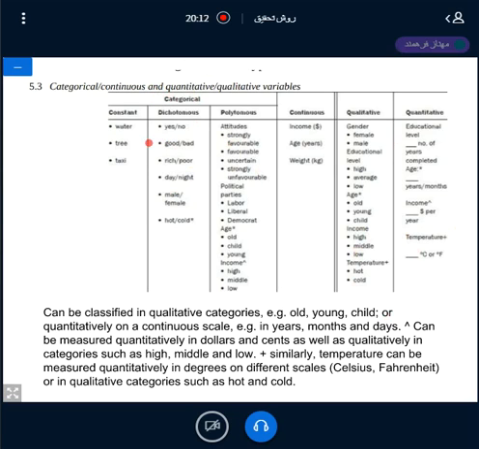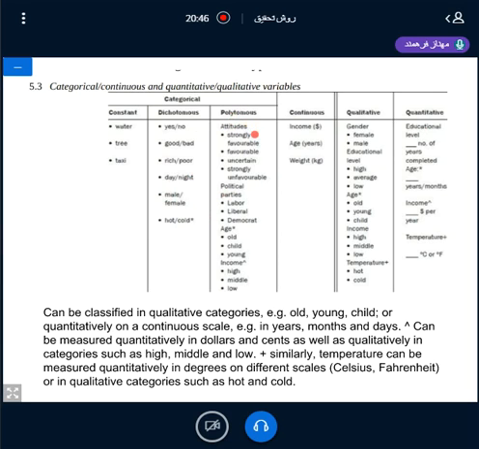Categorical type number 2, dichotomous. We talked about that. We have only two factors here: yes or no, good and bad, rich and poor, day and night, male and female, and hot and cold.